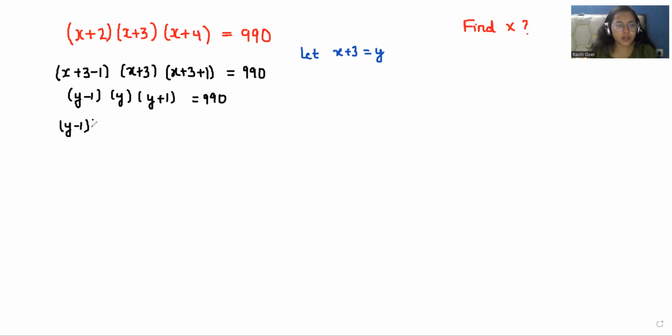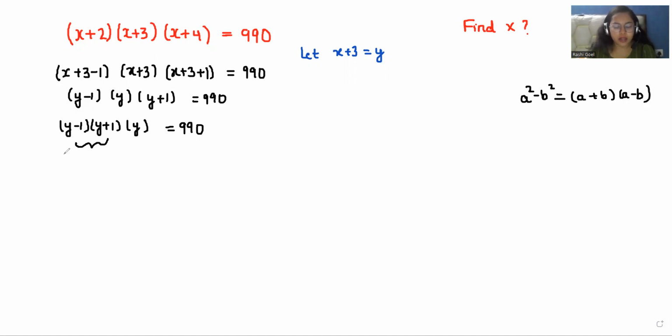So (y minus 1)(y plus 1) y is equal to 990. Here we can use the famous identity, that is a square minus b square is equal to (a plus b)(a minus b).